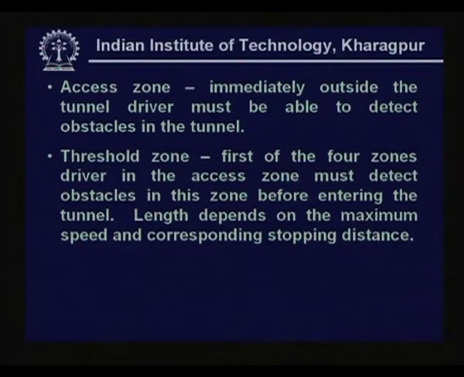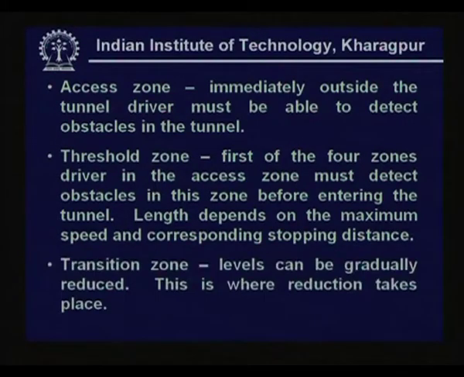The threshold zone is the first of the 4 zones where, before entering the tunnel, if there are any obstacles, the driver should be able to find out. This definition depends on the maximum speed and the stopping distance involved, and that varies from road to road.